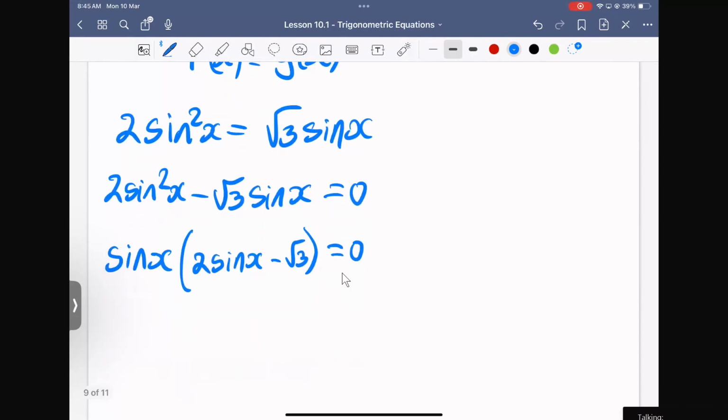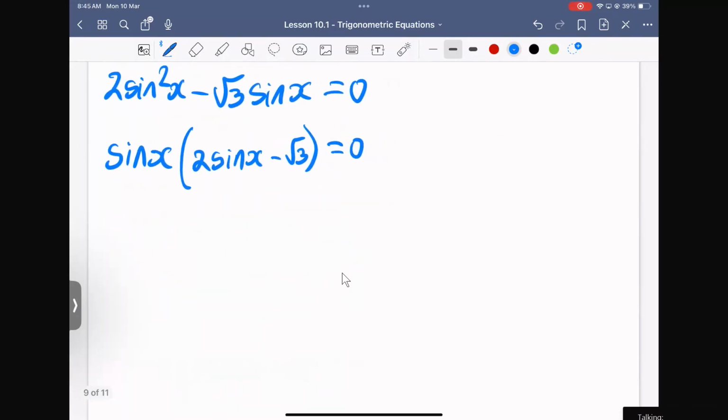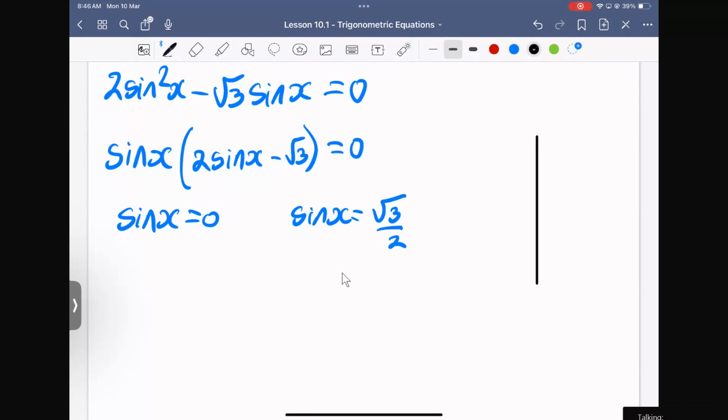Our two solutions are going to be sine x equals 0 and sine x equals root 3 over 2. So now we draw a little unit circle to help us.